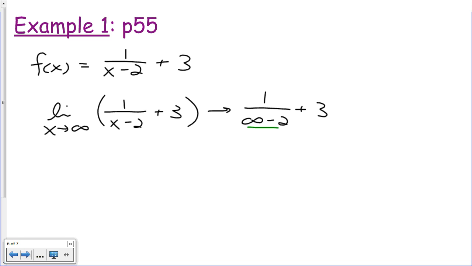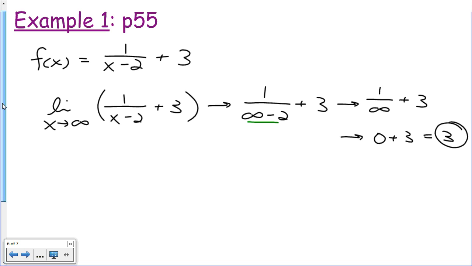We would call that infinity. So this is taking on the form of 1 over infinity plus 3. Now 1 over infinity, we just talked about that was one of our special limits here. 1 divided by a really, really big number is going to 0. So this turns out to take on the form of 0 plus 3, which turns out to give us just 3. So 3 would be the limit of this thing as x goes to infinity.